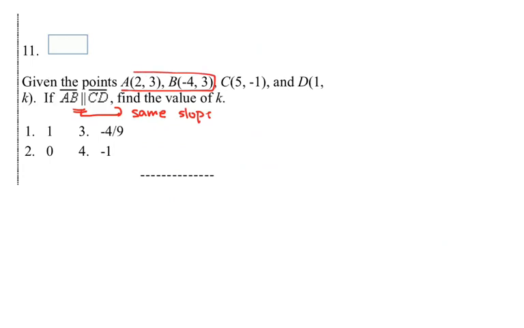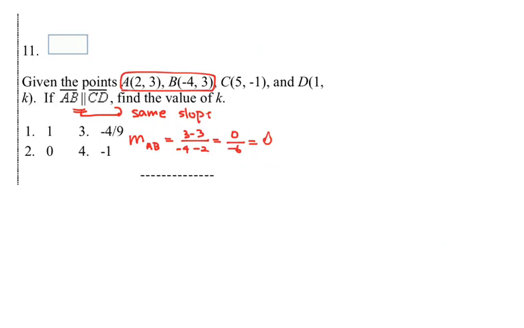Let's try to figure that out first. Slope for AB is y2 minus y1, which is 3 minus 3 over negative 4 minus 2. Then here we get 3 minus 3 becomes 0. So 0 over negative 6. We know that this one is equal to 0.